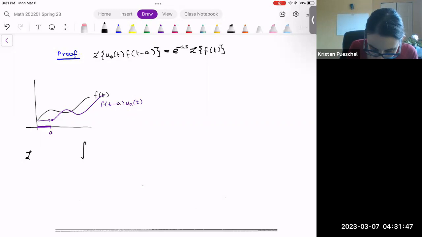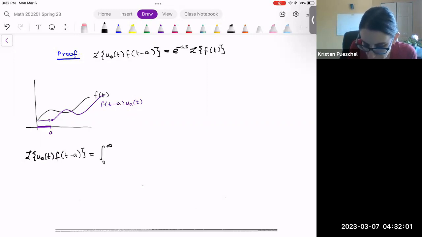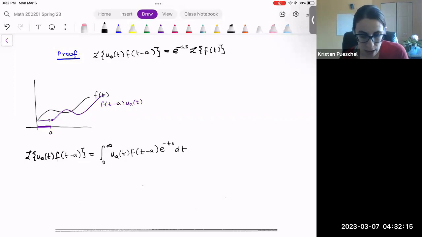So the Laplace transform of u_a of t times f of t minus a is equal to the integral from 0 to infinity of u_a of t f of t minus a times an exponential e to the negative t times s dt. Now looking at our graph, our integrand is equal to 0 up until time a, so we don't need to do anything from 0 to a.